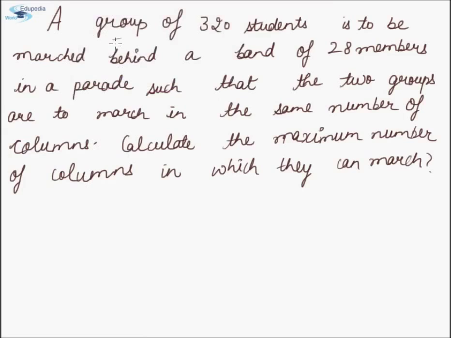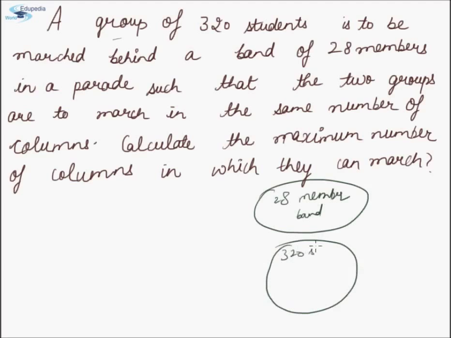Friends, let us discuss the last question on division lemma. The question says a group of 320 students is to be marched behind a band of 28 members. That is, we have a 28 member band and 320 students are to march behind them in a parade such that the two groups are to march in the same number of columns.